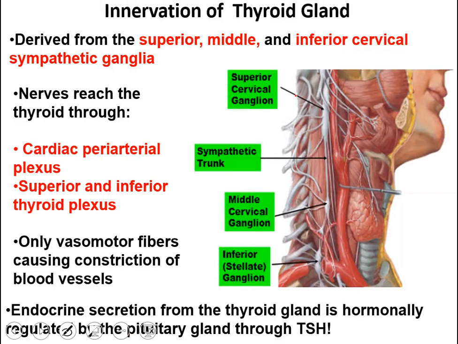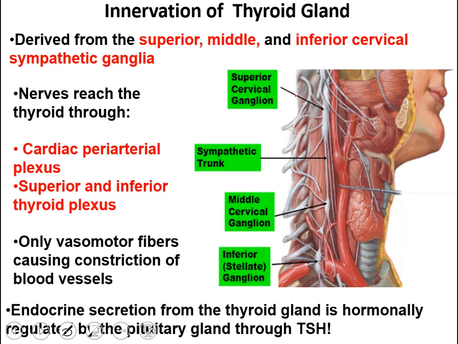Now it's time to talk about innervation of thyroid gland. I mentioned before two branches of vagus nerve, particularly superior laryngeal nerve and recurrent laryngeal nerve, and their specific relationship with arteries supplying thyroid gland. You should be aware that there is no clear indication that vagus nerve participates in innervation of thyroid gland.